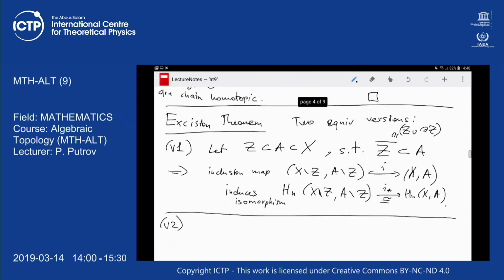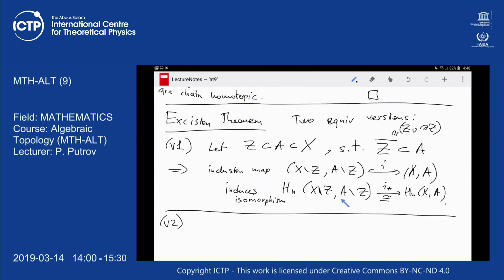The second formulation, which will be equivalent to this, as we will see in a moment, is: let A and B be two subspaces of X such that the interior of A united with the interior of B, where again I remind you the interior is by definition A minus the boundary, so we exclude the boundary, covers X completely.